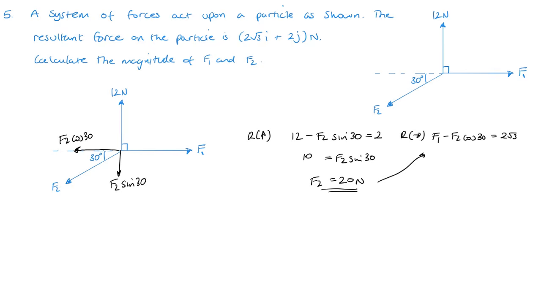Now substituting that in here, we get F1 minus 20 cos 30 equals 2 root 3. So F1 is 2 root 3 plus 20 cos 30, and that is 12 root 3 newtons. And that is the final answer there.